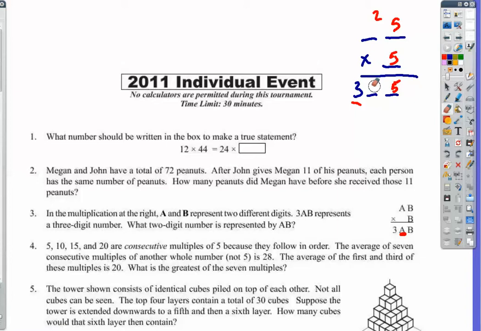So I know it can't be 6 because it didn't work out. So how about 7? 5 times 7 is 35 plus 2 is 37. That's encouraging. So this works out, because these match and these match. So I know that my ab is going to be 75. If that didn't work, then I'd have to check 6 and see if I could make it work with 6.